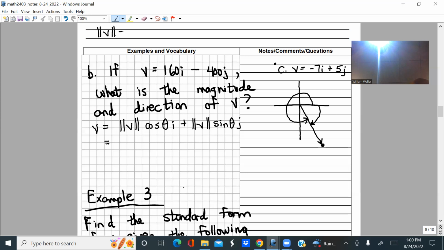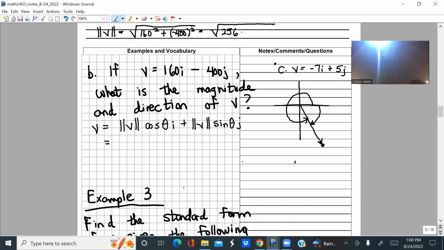So the magnitude of v is going to be the square root of, we've got big numbers here, 160 squared plus the negative 400 squared. The square root of that. So what are those numbers? What's 160 squared? 256,000 or something? Or is it 25,600?